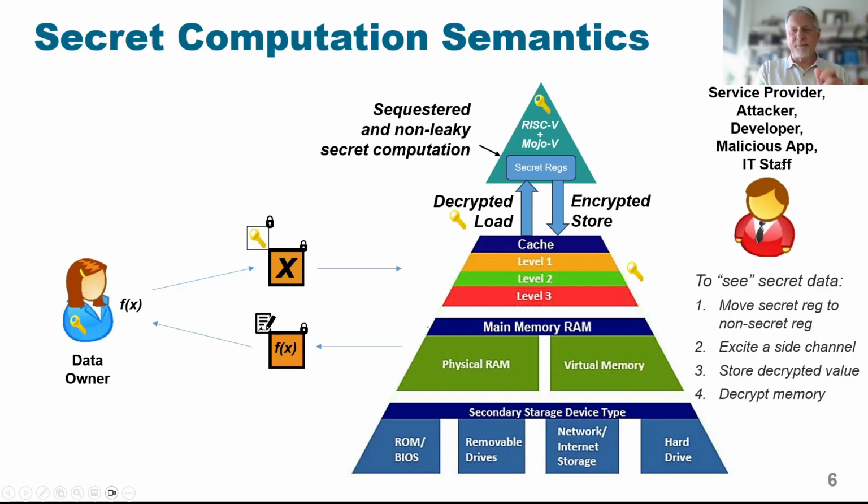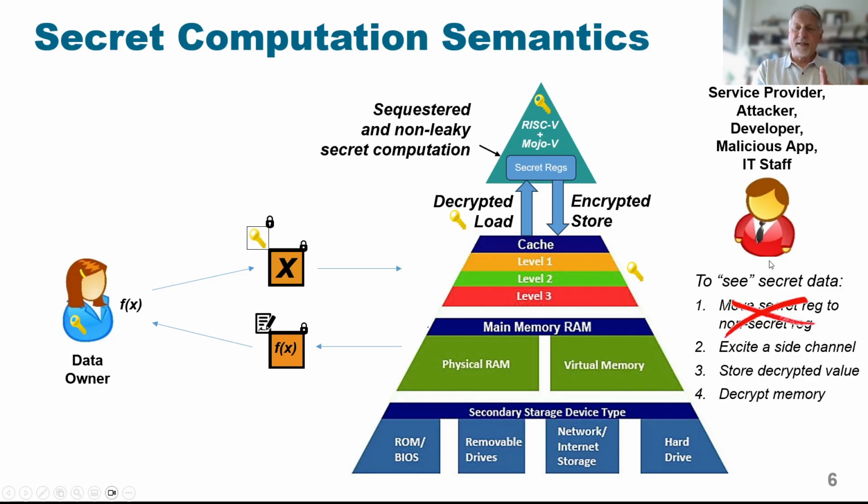Now, why is that? That's because to see that data, one of the following things has to happen. This person needs to be able to move a secret register to a non-secret register so you can just move it to wherever you want and inspect it. That's disallowed in decode.